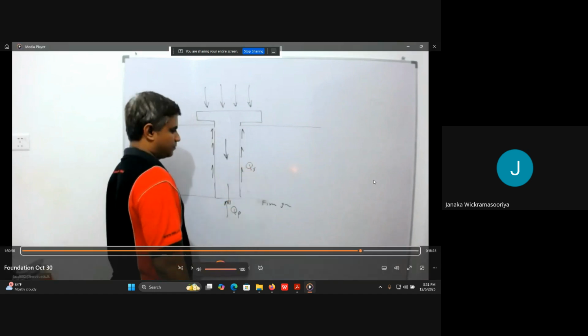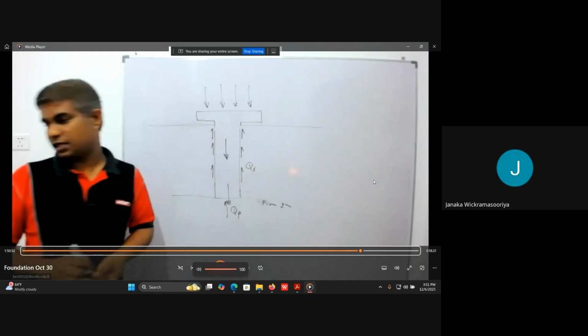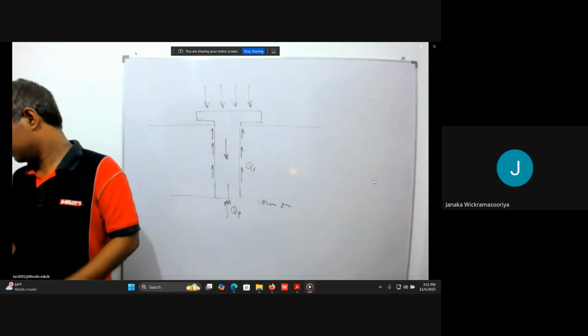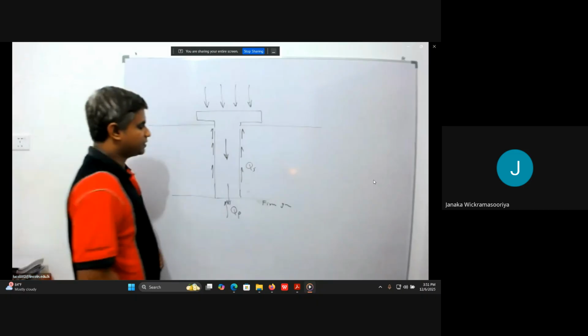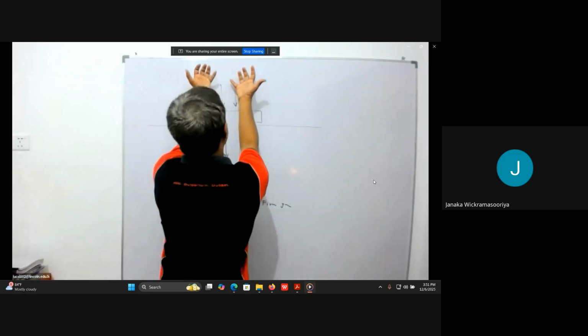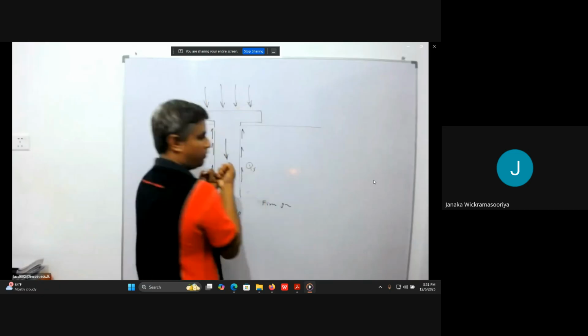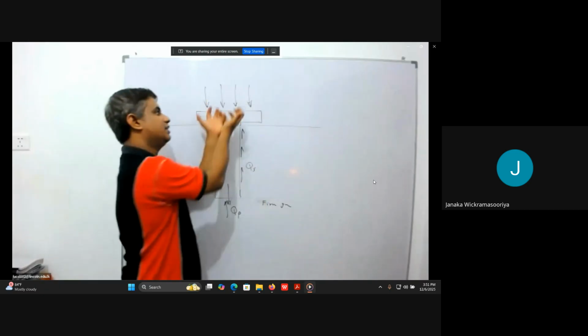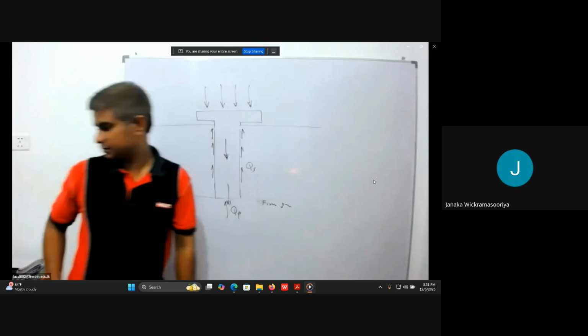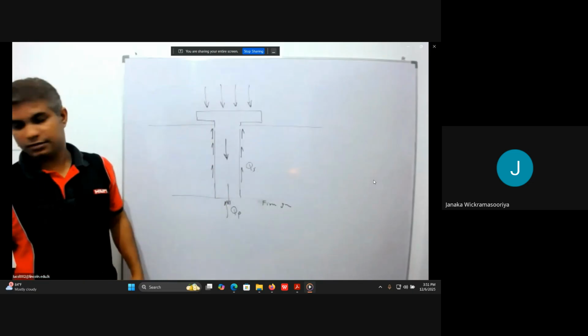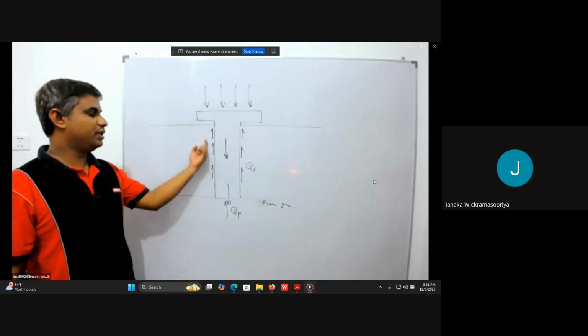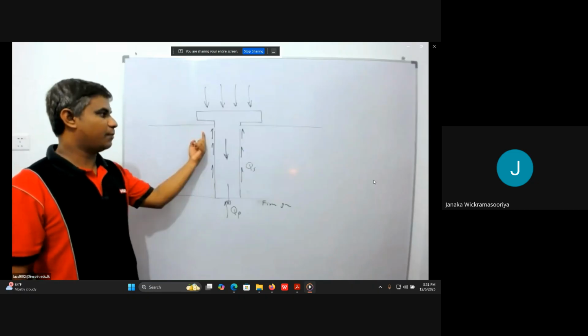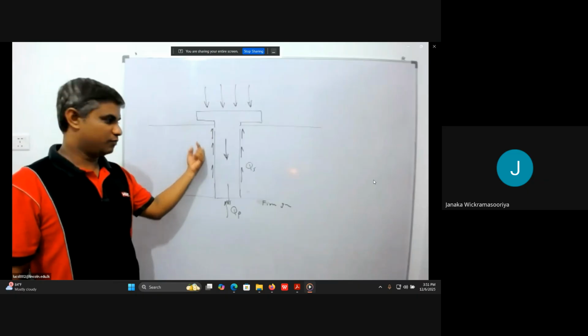And sometimes there are some forces where the building is dragged downwards. The skin friction should actually be upward. Friction is really upward.